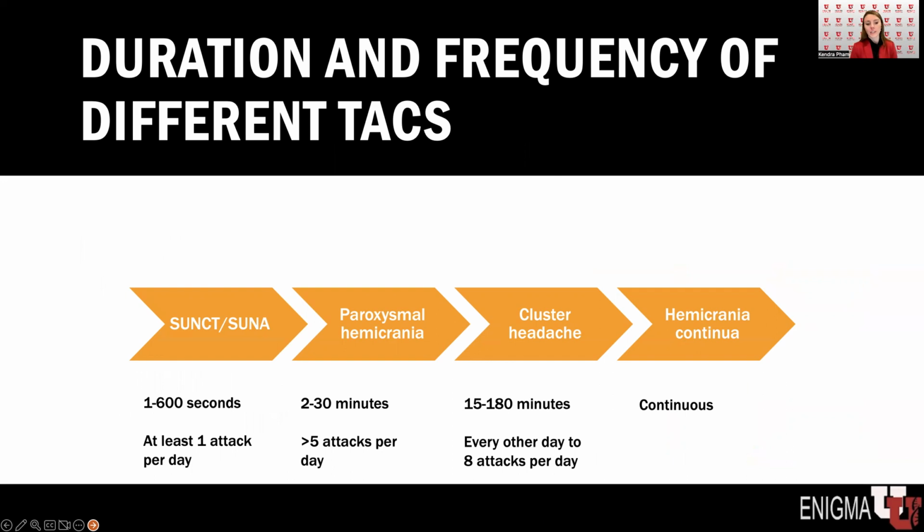Paroxysmal hemicrania should last between 2 and 30 minutes long, and there should be more than 5 attacks per day. For cluster headache, these should last about 15 to 180 minutes, and they should occur at least every other day, up to 8 attacks per day.